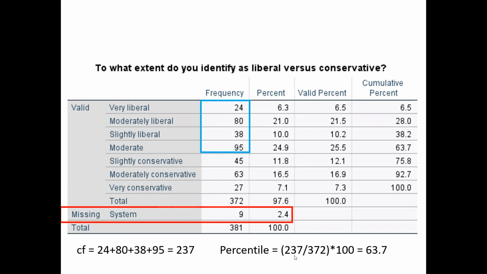Percentile, you'd have to divide that by the valid cases. So on the cumulative percent on SPSS, that's a percentile, but it only uses the valid cases, not the missing data. You divide 237 by 372, right? Which corresponds to that percent right there.